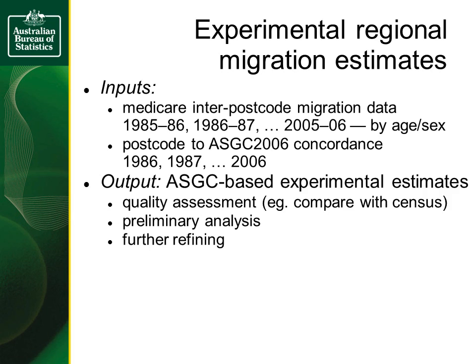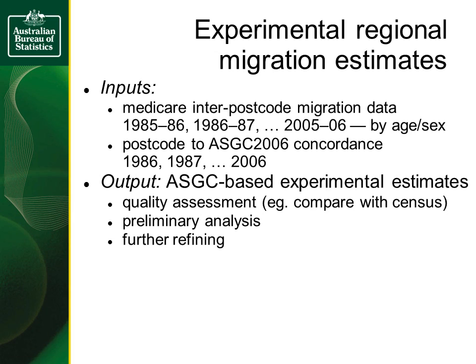Notwithstanding potential quality issues for some postcode-based Medicare migration data that has been converted to ASGC regions, an experimental series of regional migration estimates has been derived. This series can be used for testing and also can be used to provide some migration data to assess, analyse and refine further.